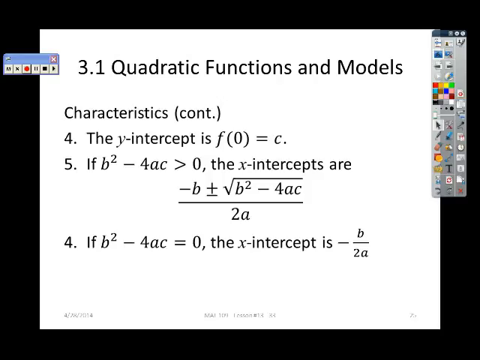This is called the discriminant, the part underneath the square root. If that discriminant is 0, then you have only one answer, and that answer is minus b over 2a. That's where the x-intercept is, and it happens to be the vertex also. If that's less than 0, it doesn't cross the x-axis.